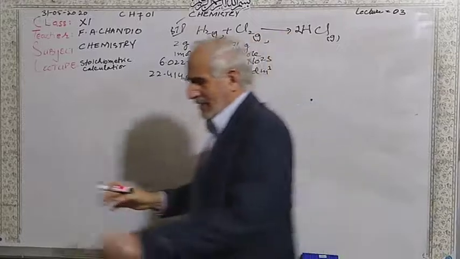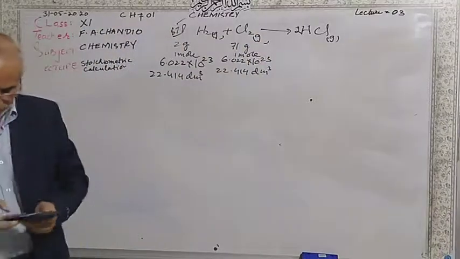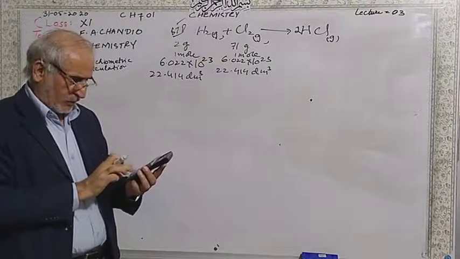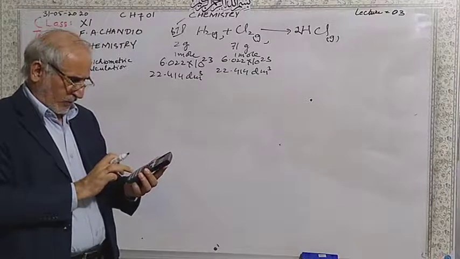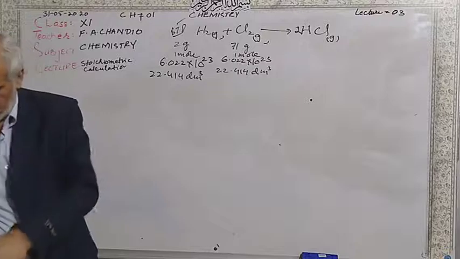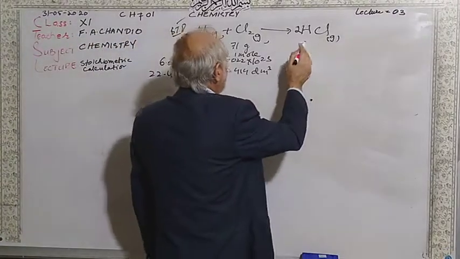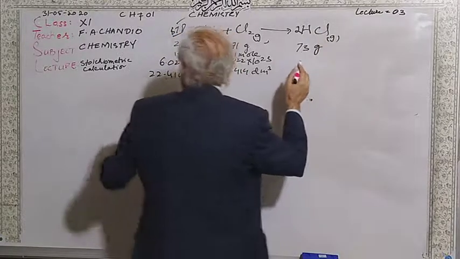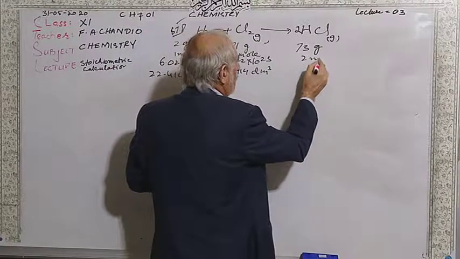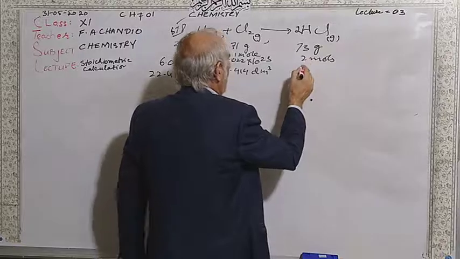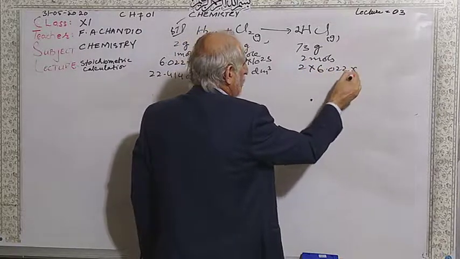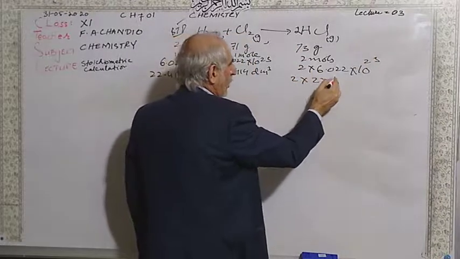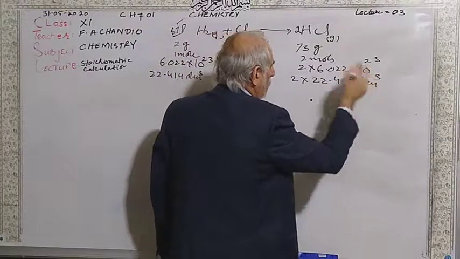So 2 moles means 36.5 multiplied by 2, so the answer is 73 grams of HCl, and 2 moles, not 1 mole. 2 moles of HCl, 2 multiplied by 6.022 times 10 raised to power 23 molecules of HCl, and 2 multiplied by 22.414 decimeter cube.